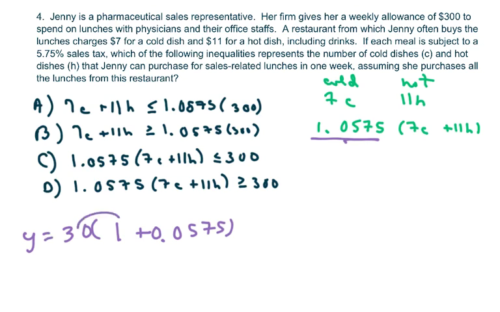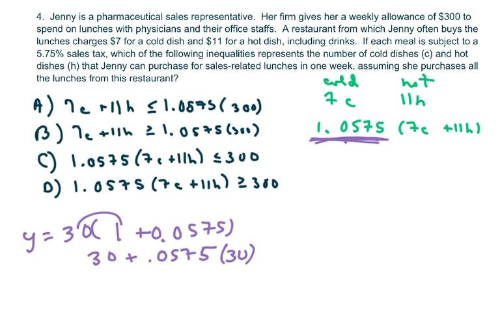You write it out like this: 30 times 1, which is 30, plus the sales tax on the 30. So basically they just write it as 1 plus 0.0575 times your 30, and that's how you get your amount. We don't know our exact amount, but we have 7C plus 11H.